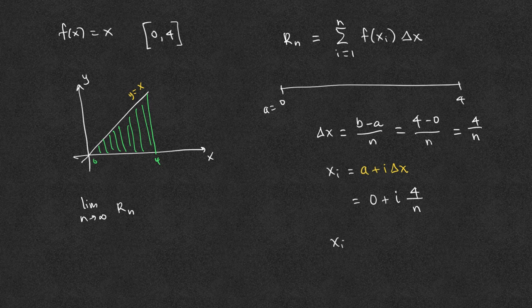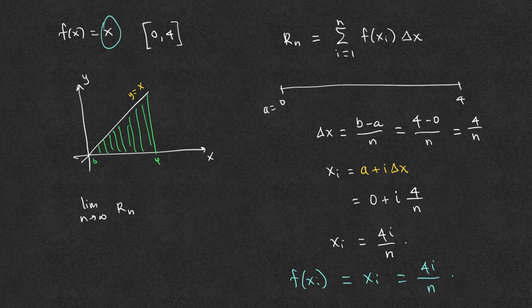And so x sub i is 4i over n. Now that we have x sub i, we can plug this into the function f of x. And so f of x sub i is simply x sub i because f of x equals x. But x sub i is 4i over n.